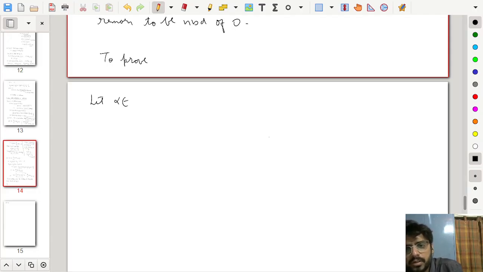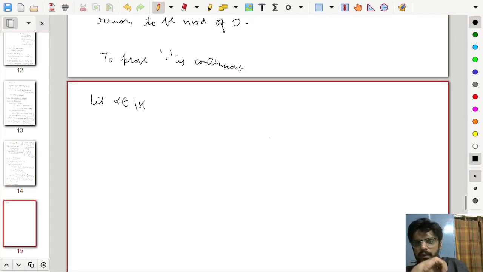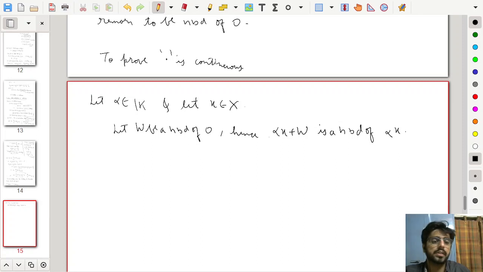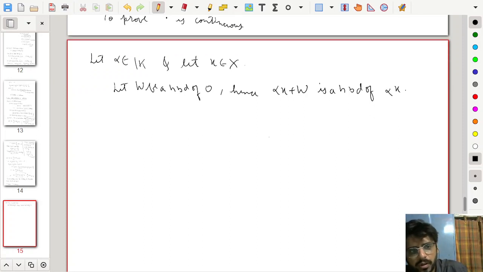To prove scalar multiplication is continuous, let alpha belong to K and let x belong to X. Let W be a neighborhood of 0, hence alpha x plus W is a neighborhood of alpha x, by the definition of our topology.